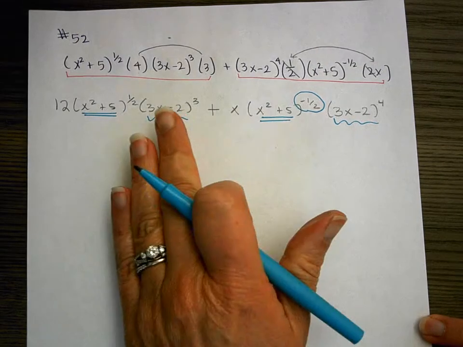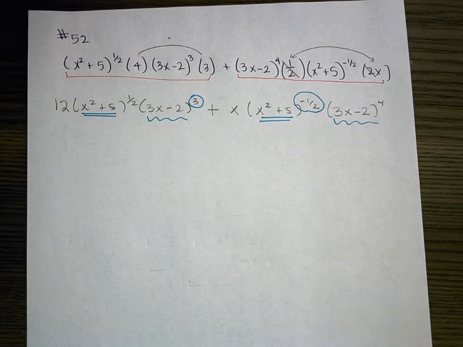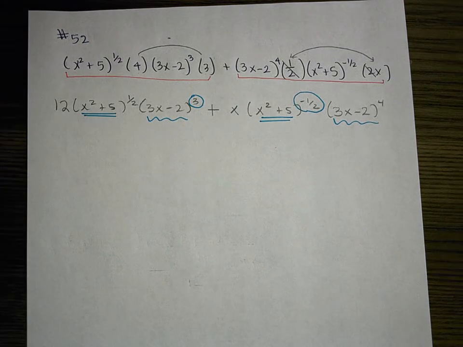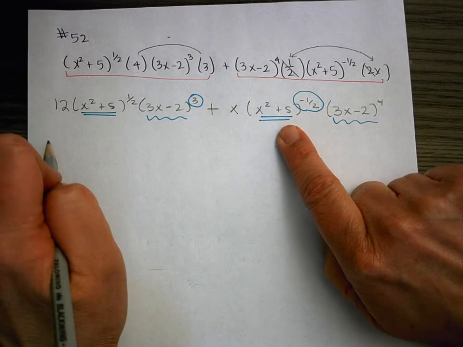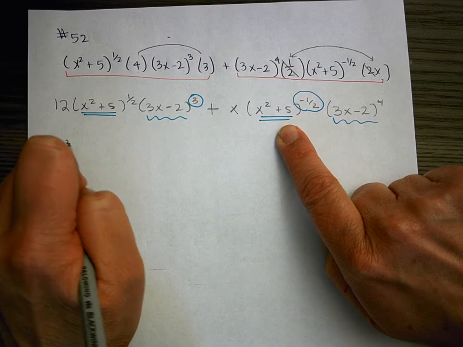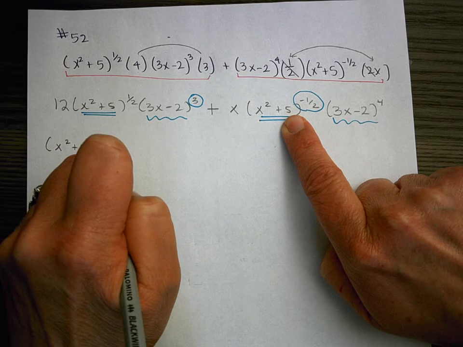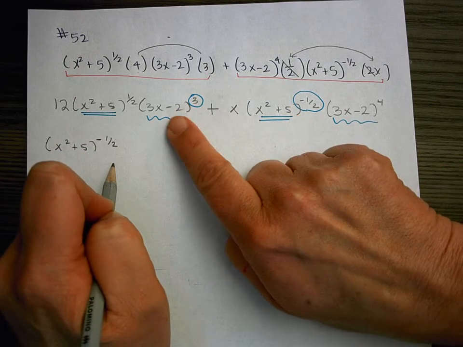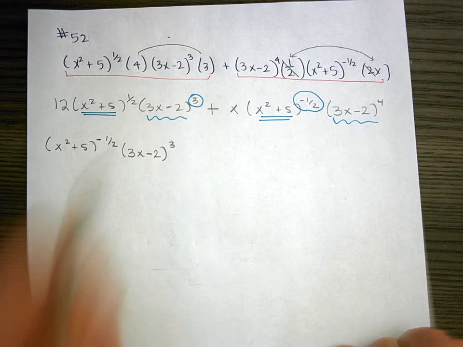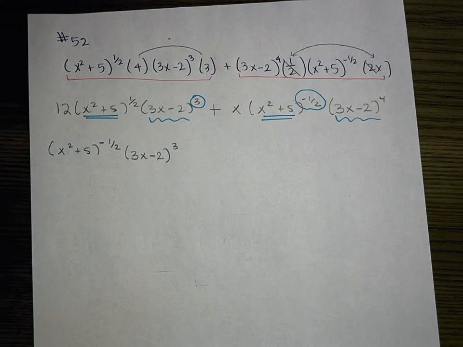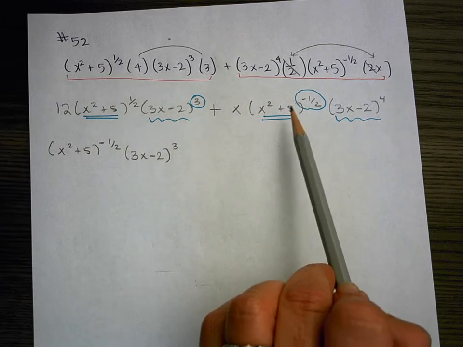And between a power of 3 and a power of 4, 3 is smallest, so that's what I will be factoring out. So my factors are going to be x squared plus 5 to the negative 1/2 power, and also 3x minus 2 to the power of 3.